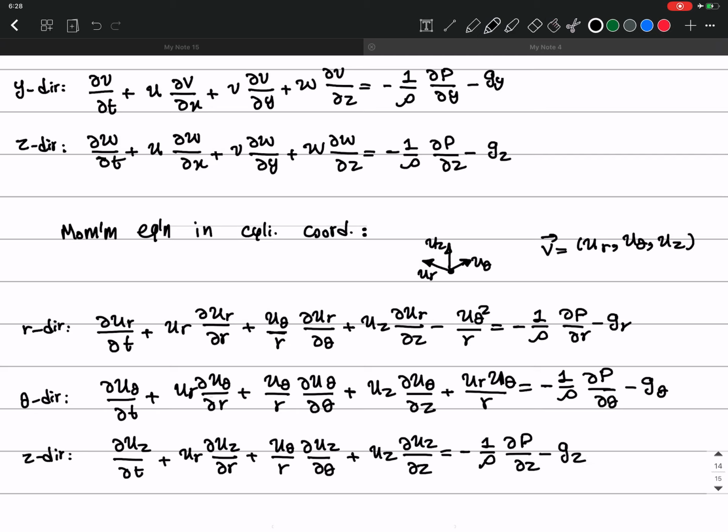Okay, so this is going to be the momentum equation in the cylindrical coordinate system.